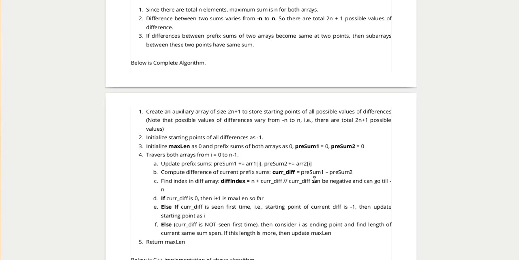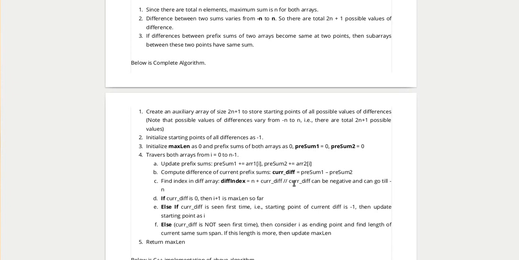If we are at the ith index and we see that the current diff is 0, that means the sum so far is the same. So the maximum length will become i plus 1.